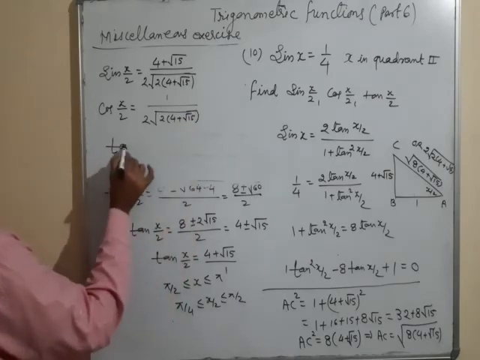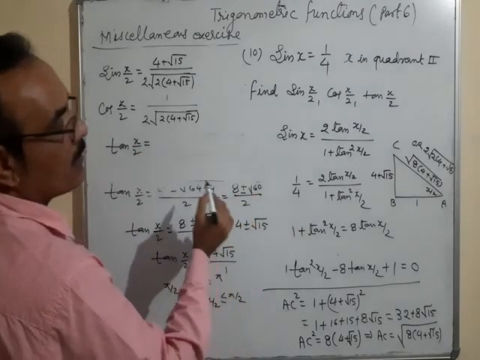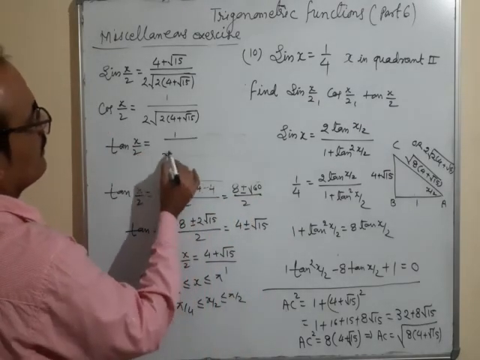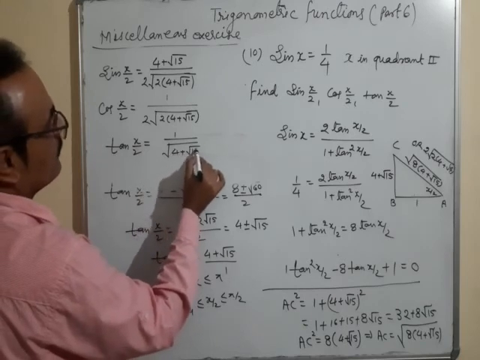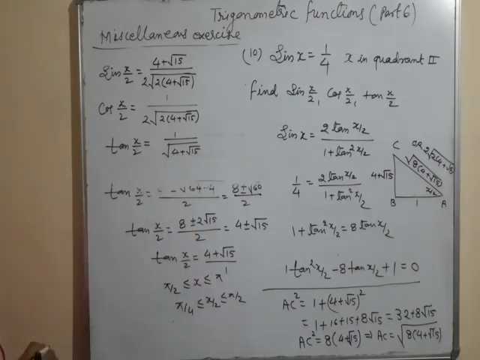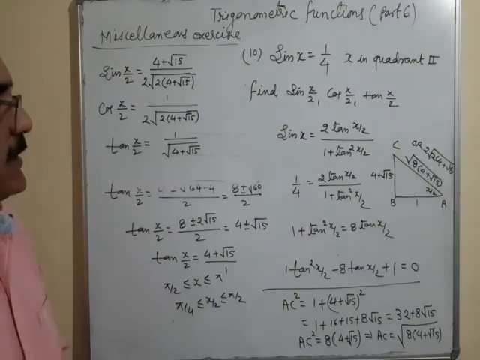And tan x by 2 we have already got. So these are the values of sin x by 2, cos x by 2 and tan x by 2.